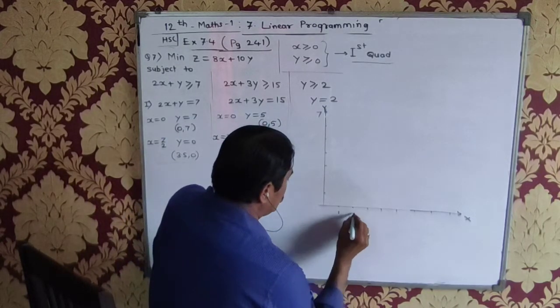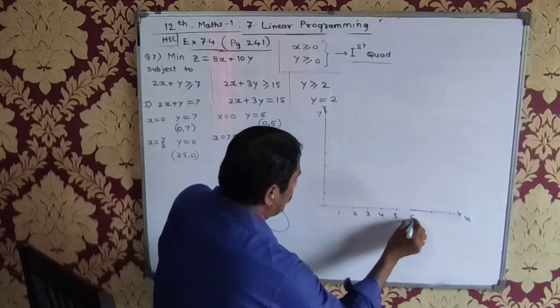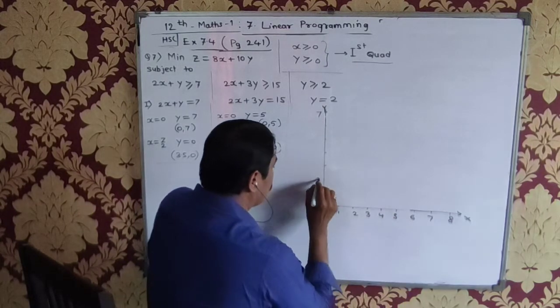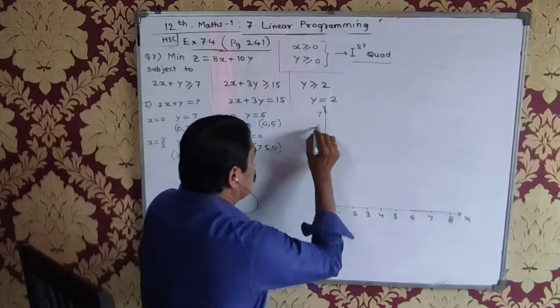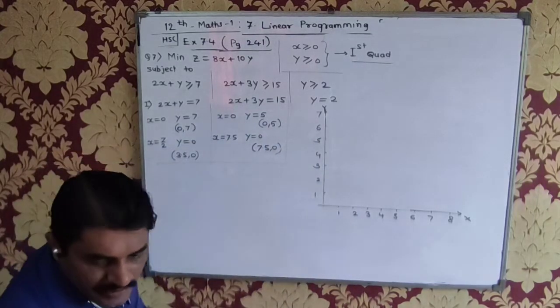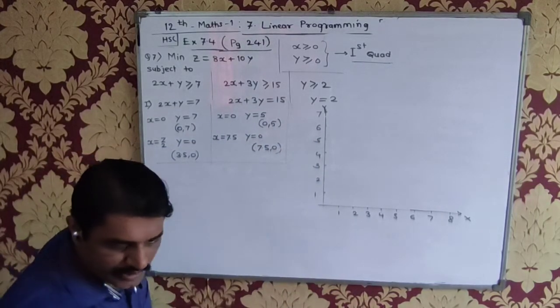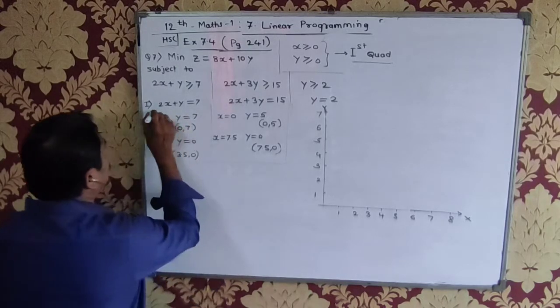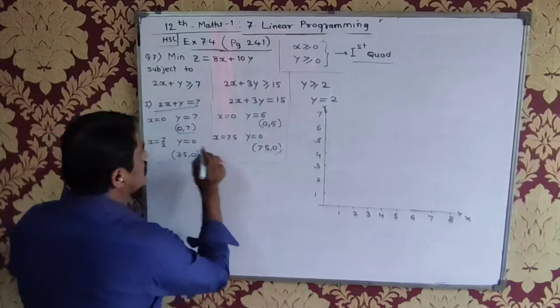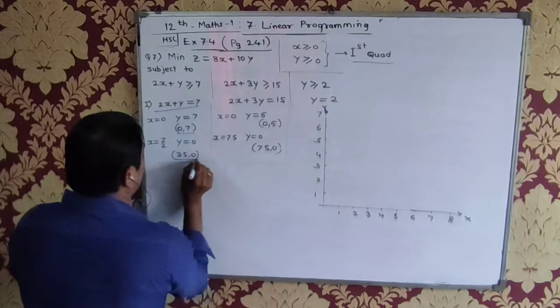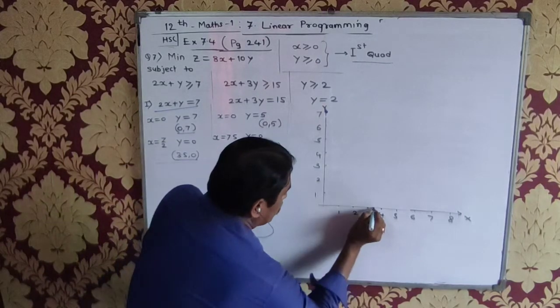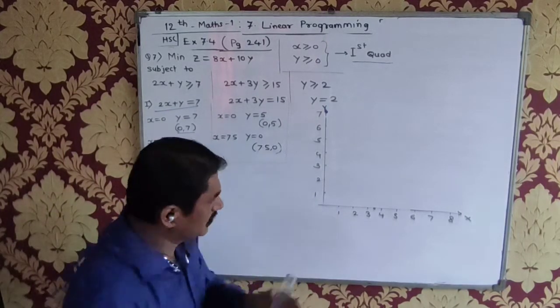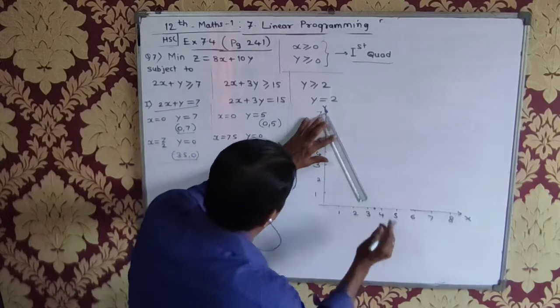So this is done. Let's plot the points here. पॉइंट्स को यहाँ पर मार्क कर लेते हैं. फॉर द फर्स्ट इक्वेशन (0, 7) and (3.5, 0). It's here. So it will be like this.